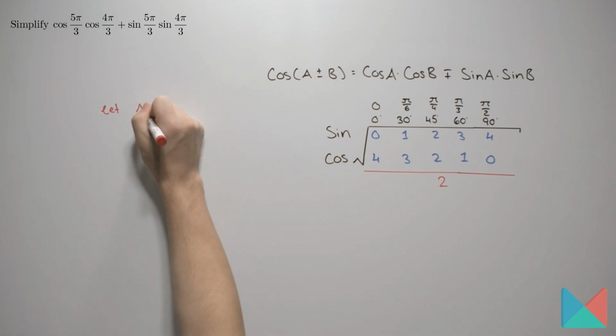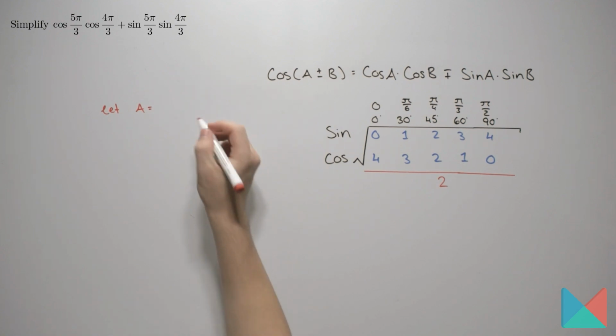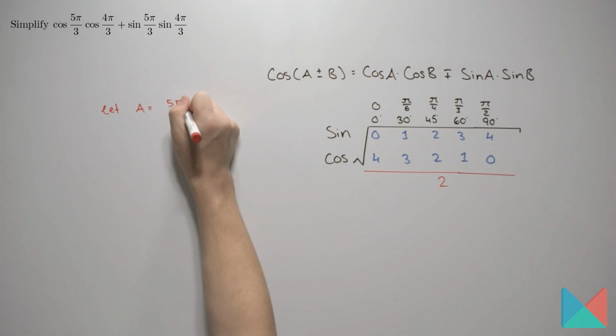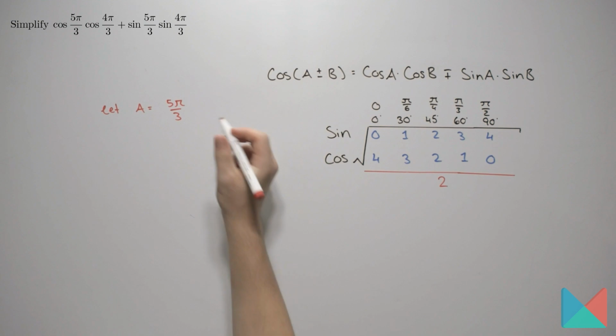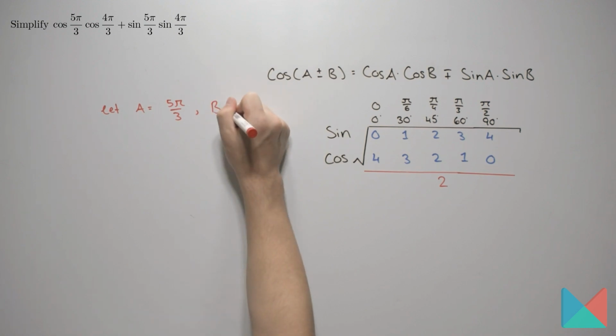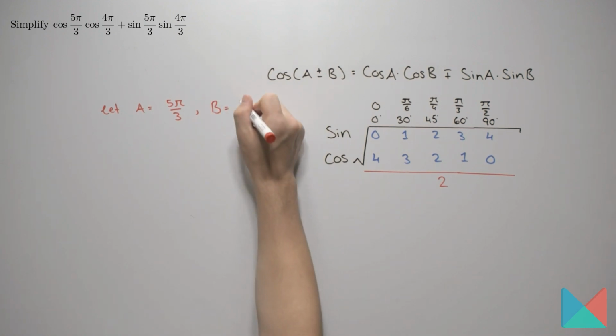So we're going to let some variable A equal our angle 5 pi on 3 and another angle B equal 4 pi on 3.